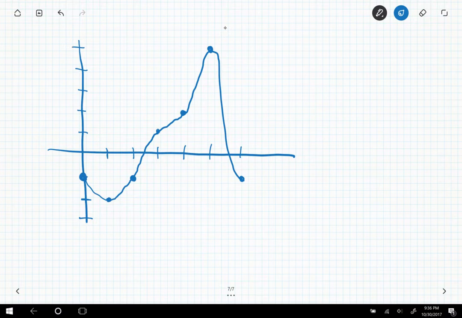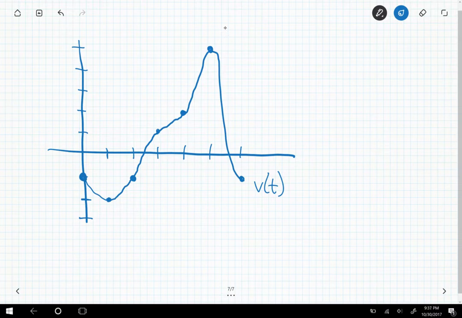Okay, and so it's talking about this idea of displacement and all that stuff. So first off, this is going to be some form of velocity function, v of t. So your task is to estimate how far an object traveled during the time interval, and then let's see how many intervals we have. 0, 1, 2, 3, 4, 5, 6.